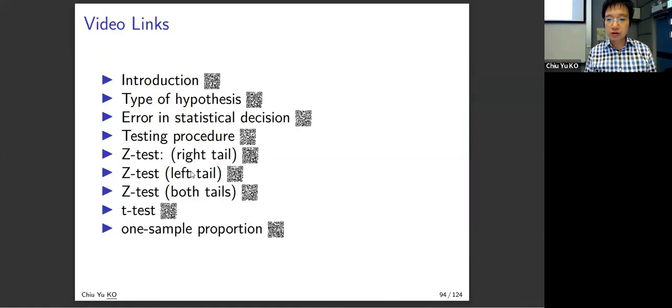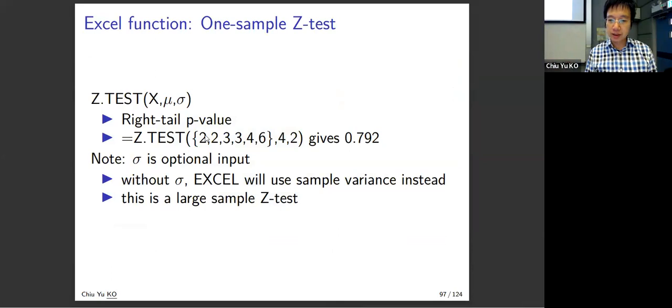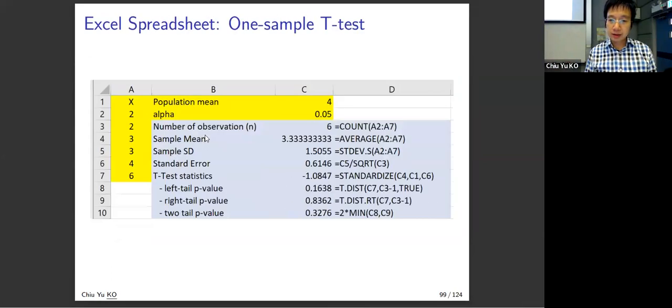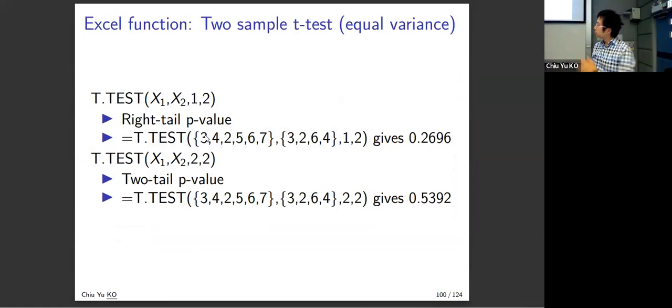But what I want you to focus on is how to do the test in Excel. I don't want to talk about the t-test itself, because the t-test is exactly what we have here. So the t-test, T.TEST in Excel.